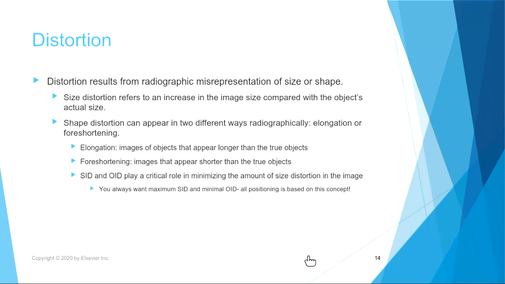And then with shape distortion, that can appear in two different ways radiographically. You can either elongate the object or foreshorten the object. So size distortion is only magnification. Shape distortion is either elongation or shortening.